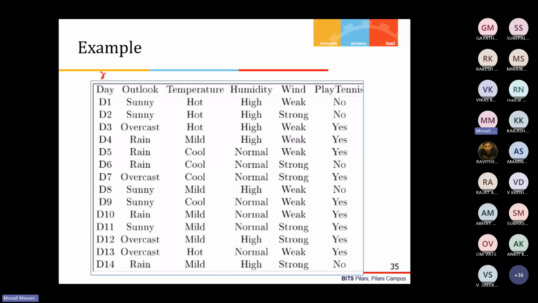Okay, so I have these features x1, x2, x3, x4, x5, and a variable y: day, outlook, temperature, humidity, and wind. These are my feature values. They have certain values, and all of them are discrete values, no continuous values. Play tennis has just two values, yes and no. It's a binary class problem.